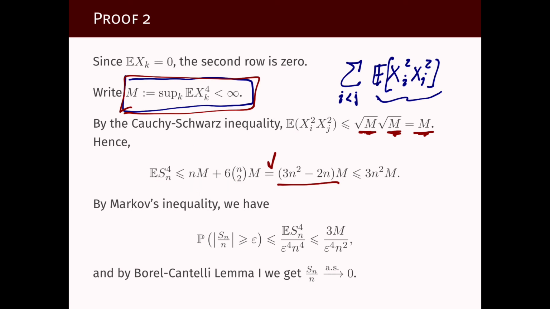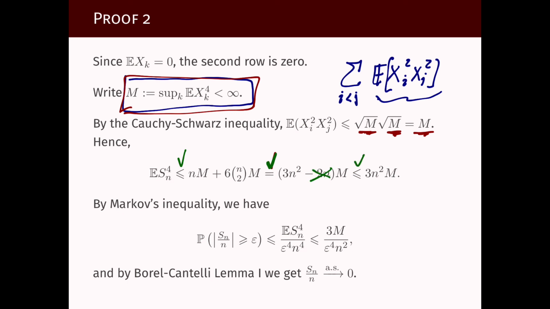And this expression here is simply the assumption that fourth moments are bounded, which together with Cauchy-Schwarz inequality give us that cross second moments are also bounded. This equality, I'm just expanding what it means, n choose 2, and grouping the terms. And here we're just throwing away the 2n.